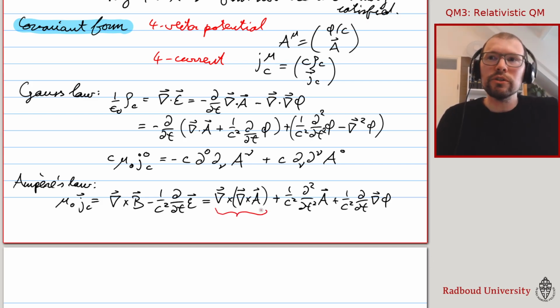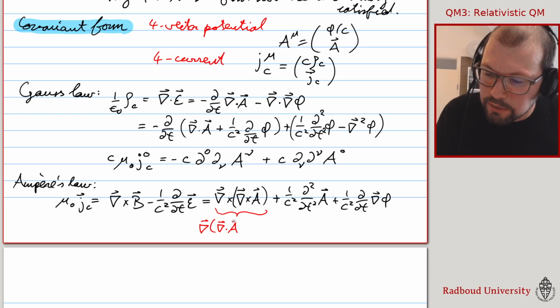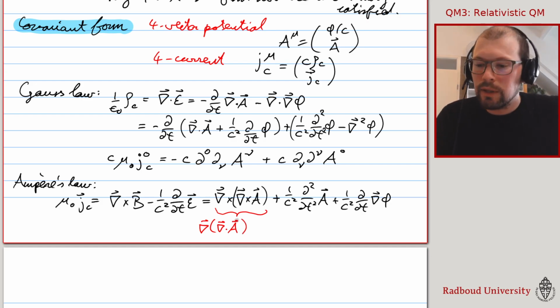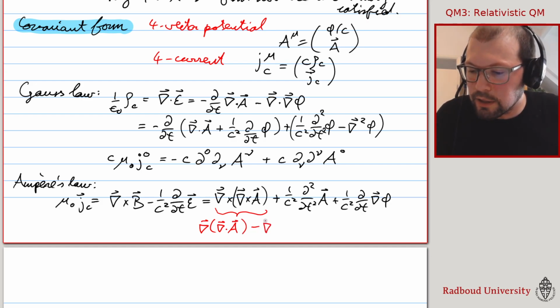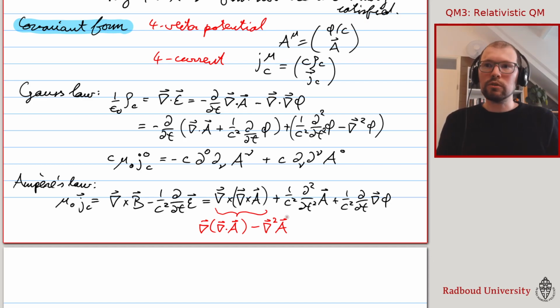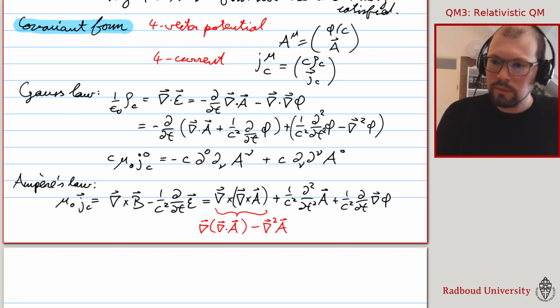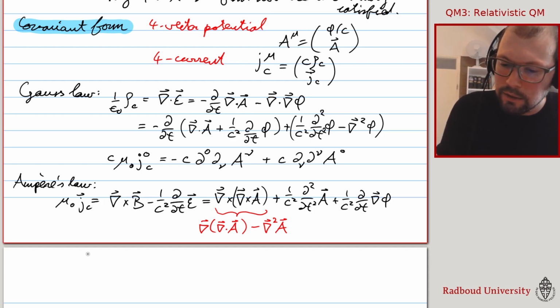So let's write out the curl of the curl. We can also write this as the gradient of the divergence minus the Laplacian acting on the components of the vector potential. So what do we get?